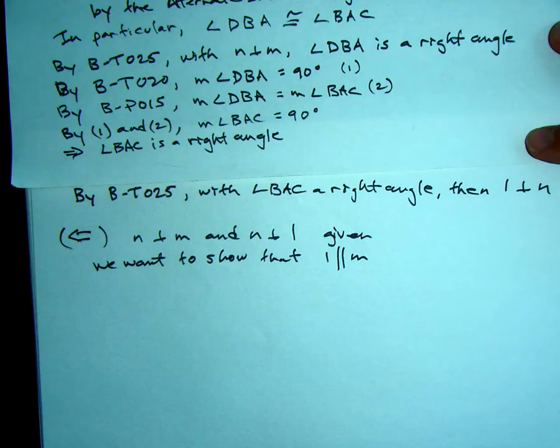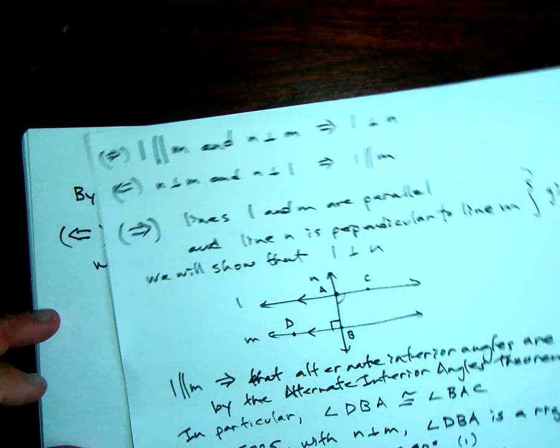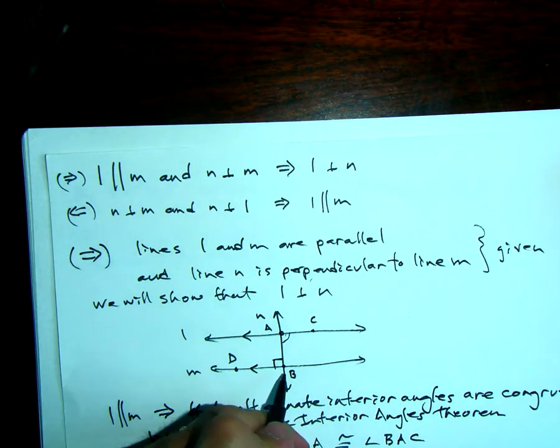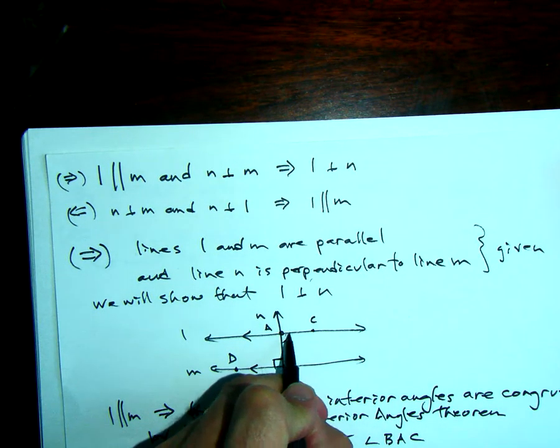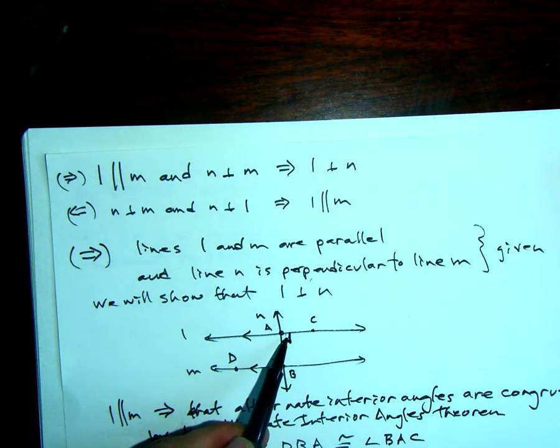Okay, again, big picture, if I use the same diagram here, now what we know is that this is a right angle and that's a right angle, or at least we can quickly get to that from this, based on T025.